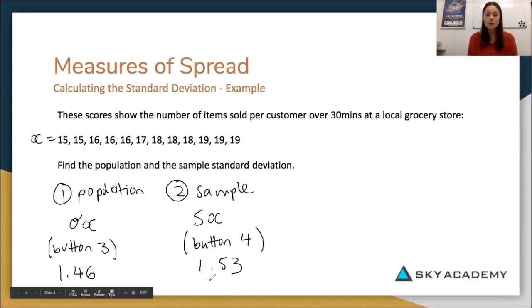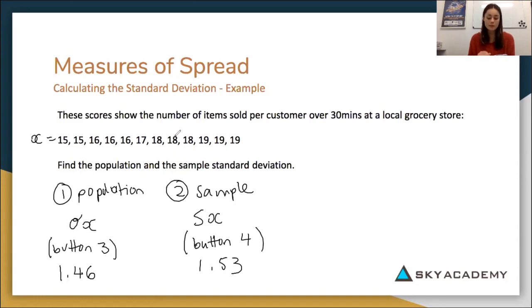Once you've found everything that you want to find in stat mode, you can also find the mean, and Pearson's correlation coefficient. There's a lot of things you can find in the stat mode.